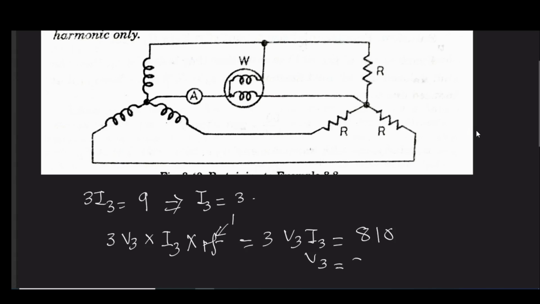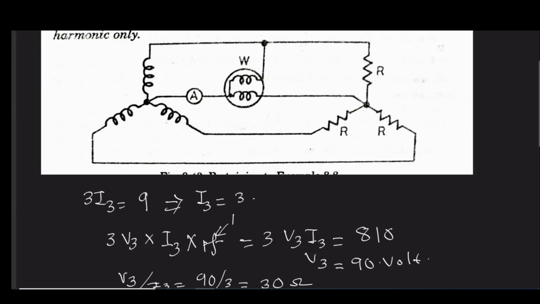That implies V3 is equal to 90 volt. So the value of these resistors are, I hope you are getting this problem, 90 volt we are getting between these two.